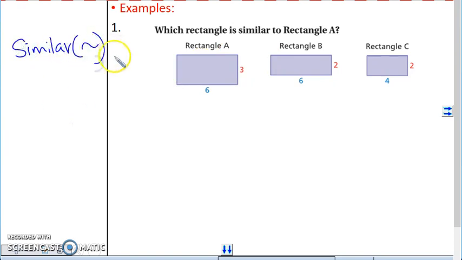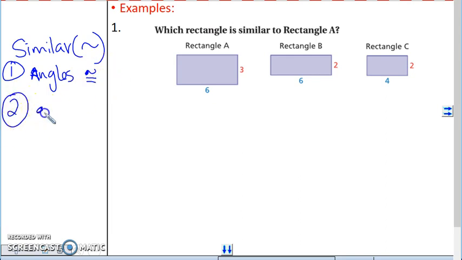The first requirement, equal angles. Angles are congruent, equal. That's what this symbol means. And the second one, proportional sides.